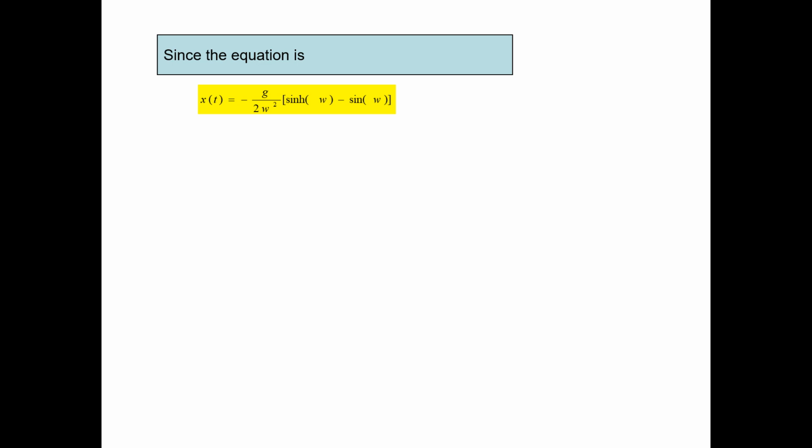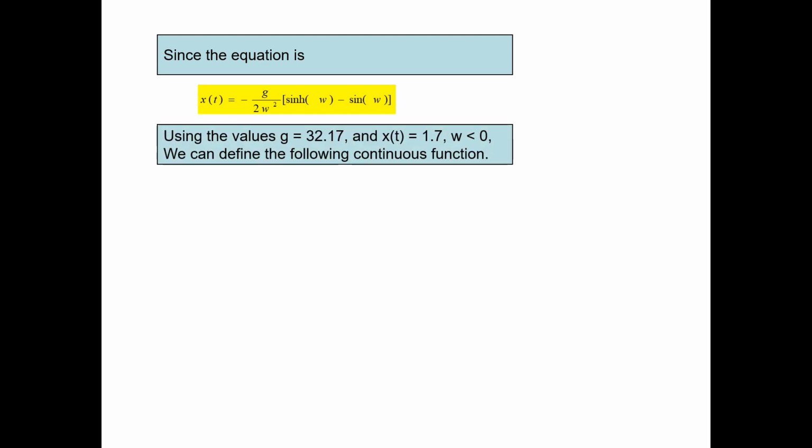We have x of 1, t here equal 1, minus g over 2 w squared multiplied by sinh w, the rational part, minus sin w, because t equal 1. Also, we use the parameter values g equals 32.17 and x of 1 equal 1.7. Here always w is negative.